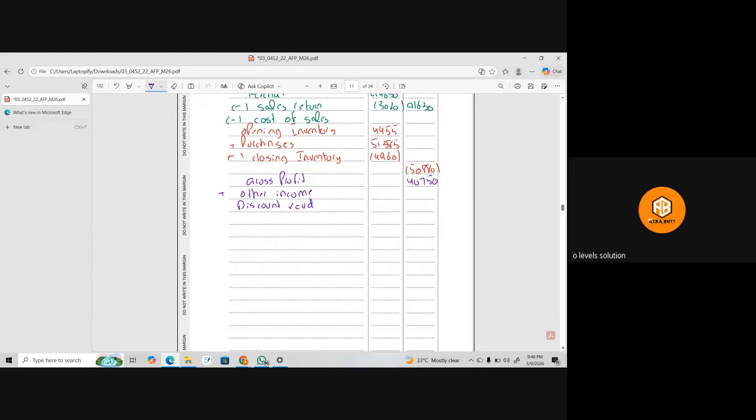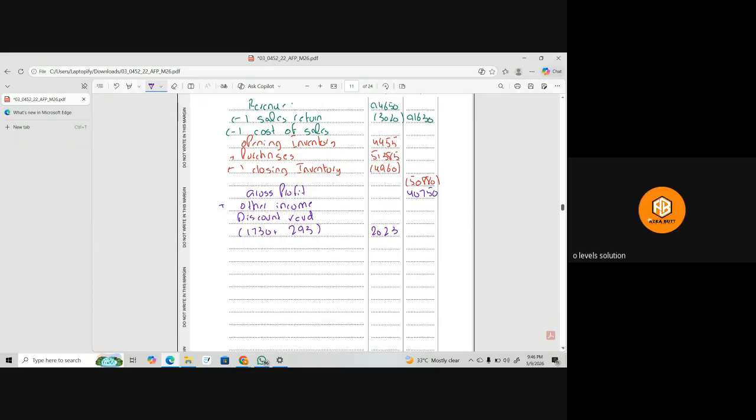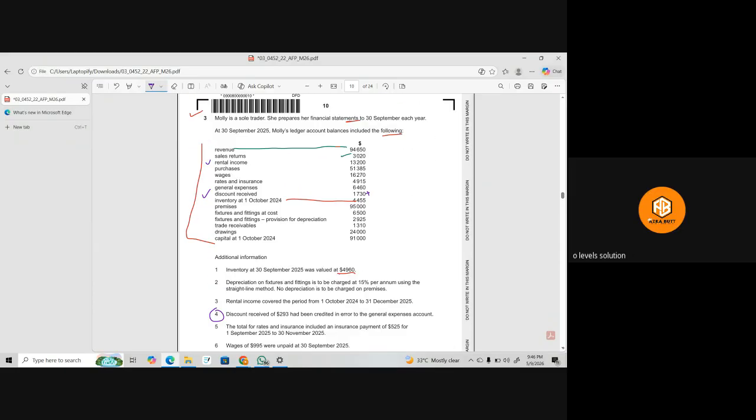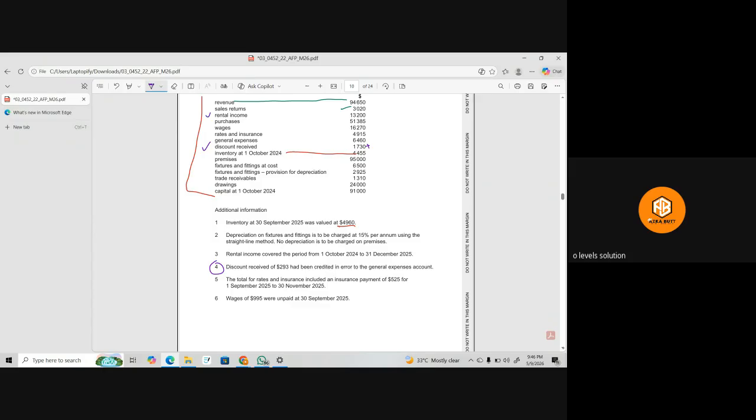I mean to minus the journal expenses as well. Okay, then there is rental income, which is this 13,200.